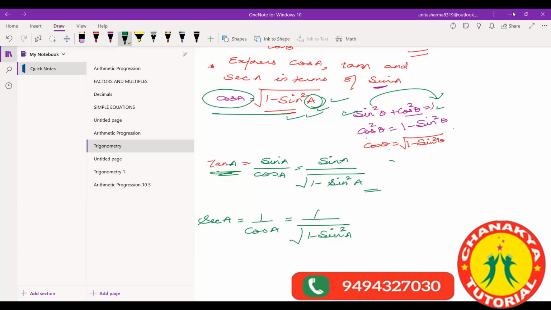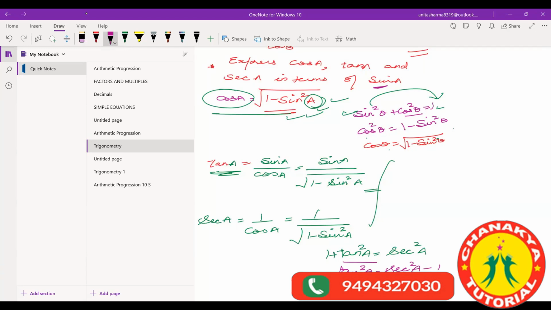So we can write 1 plus tan square A is equal to secant square A, right, beta? Yes, ma'am. So from here we can find the value of tan. So tan square A will be equal to secant square A minus 1. Right? Yes, ma'am. So the value of tan A will be under root secant square A minus 1.